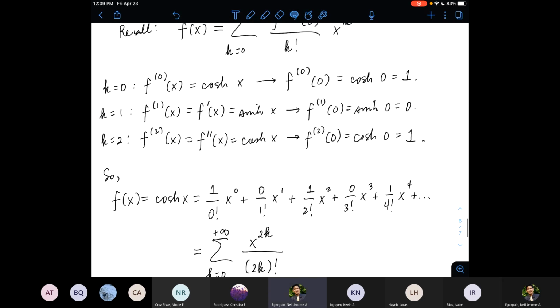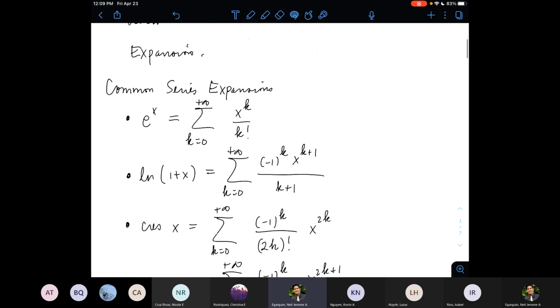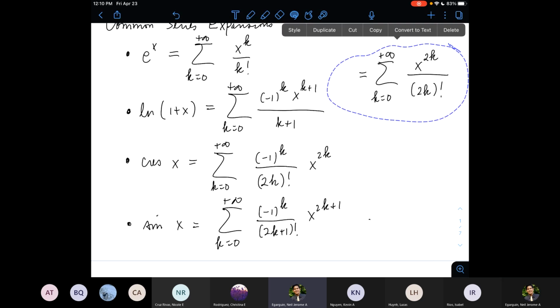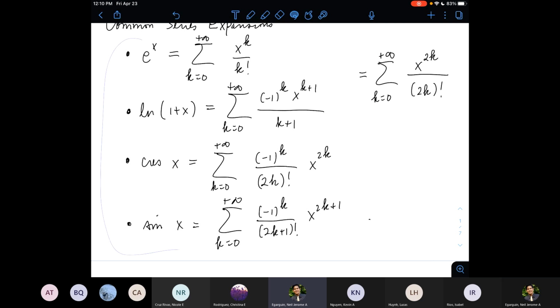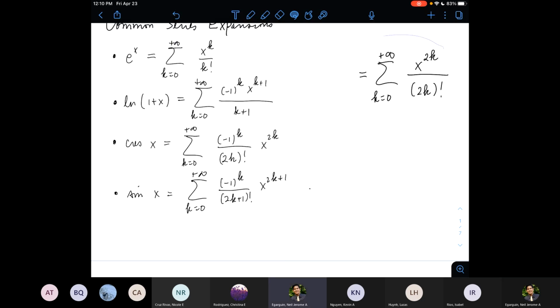So let me just do that. I used up all the space, but let me paste that here. Make this guy a bit smaller. Okay. And this is our expansion for hyperbolic cosine.